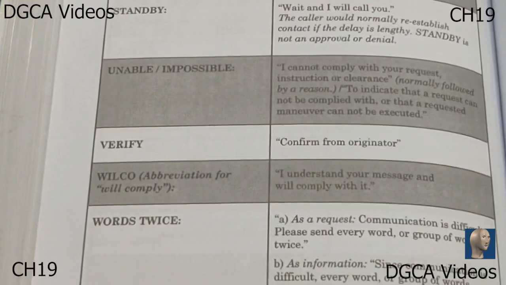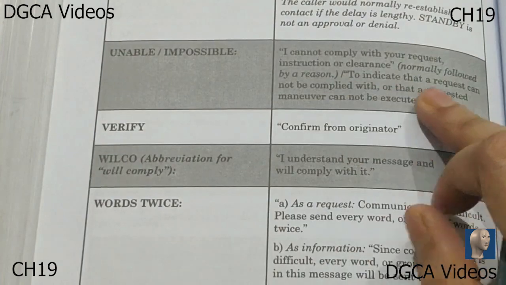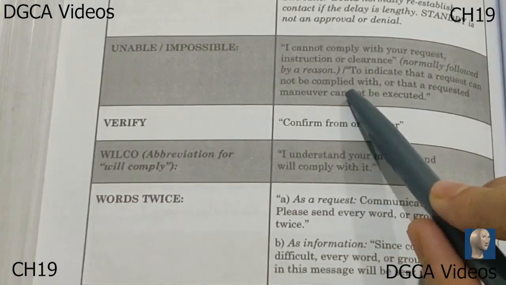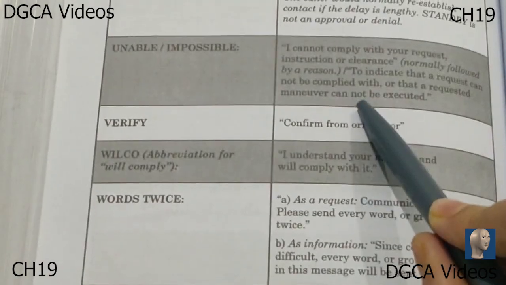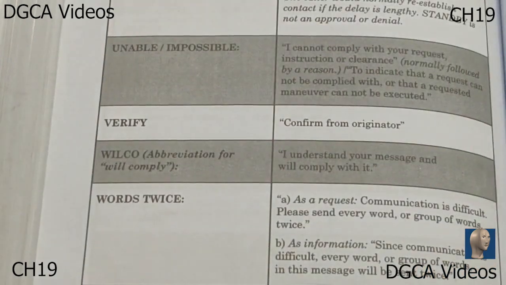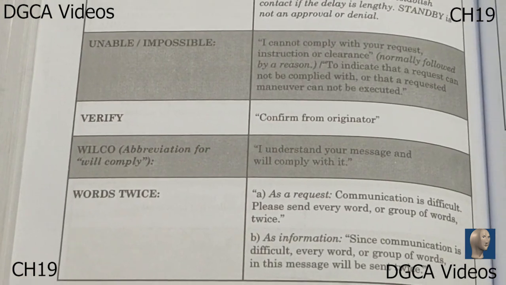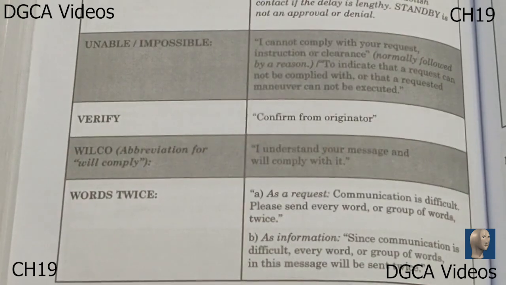Unable. Unable means I cannot comply with your request, instruction, or clearance. Verify means confirm with originator.